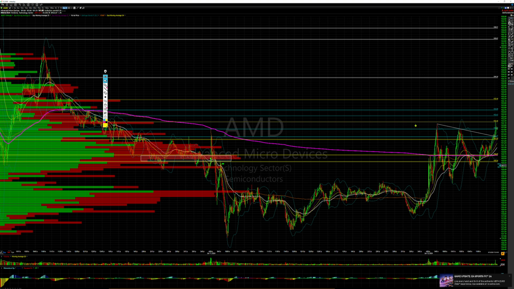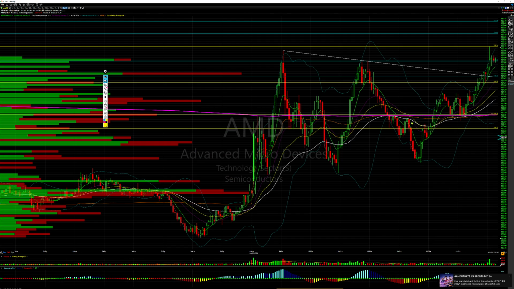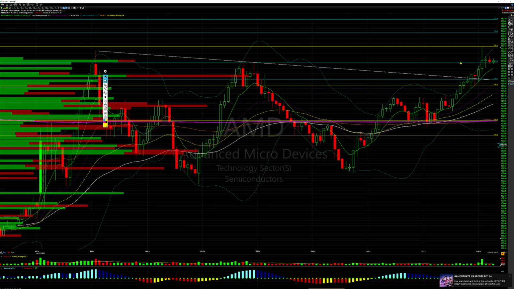And if you look real closely, what did this candle just do? What's the significance of that candle? Are you guys just quiet today, or do you just not know these things?